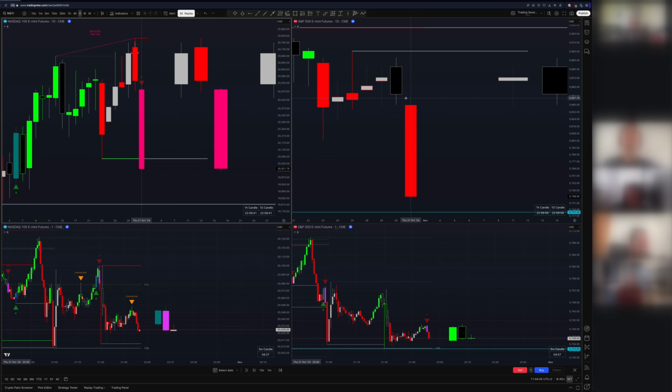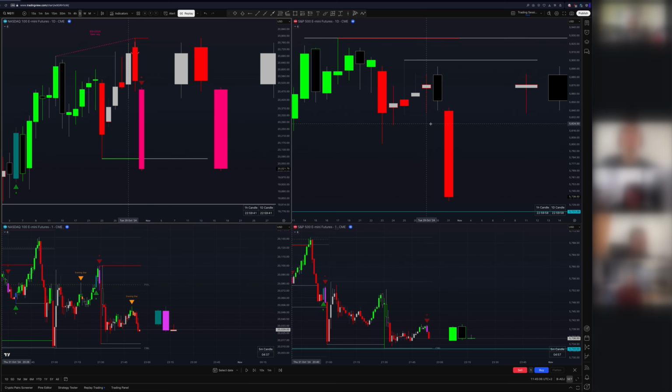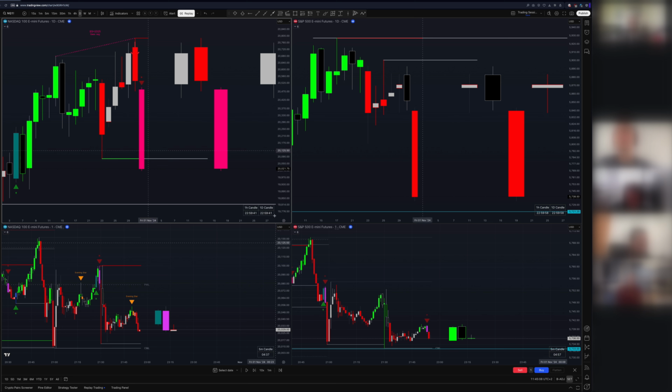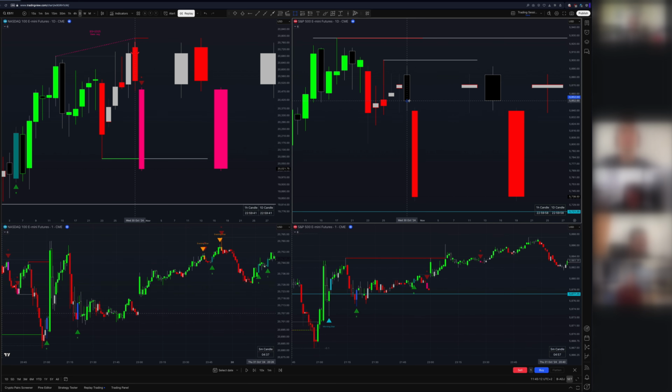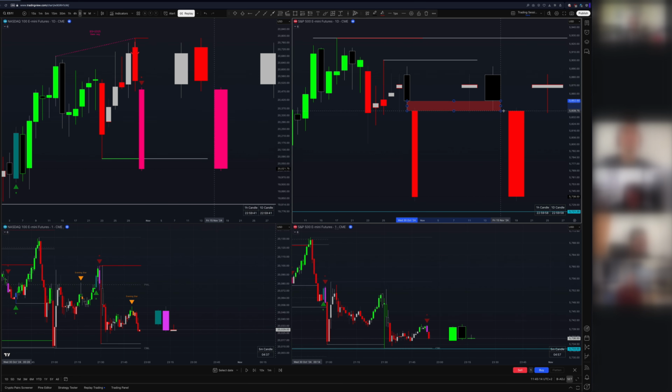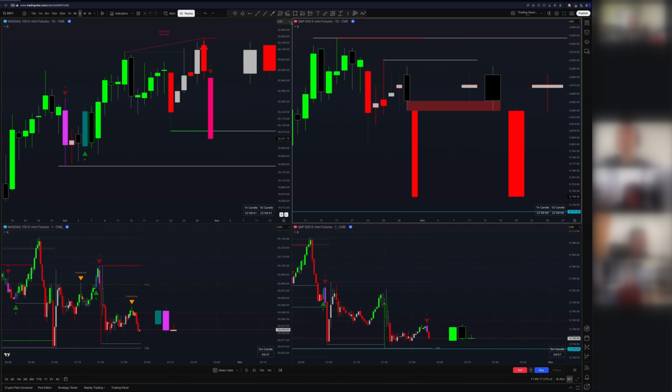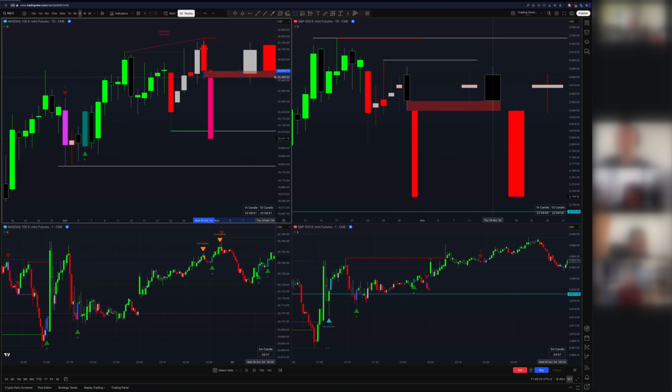The word volume imbalance is not really that correct, but it doesn't matter. So these are normally target areas which will be visited again at some point in the near future. So it's always good to have these levels on the chart. This is like a magnet at some point. It's like a gap.